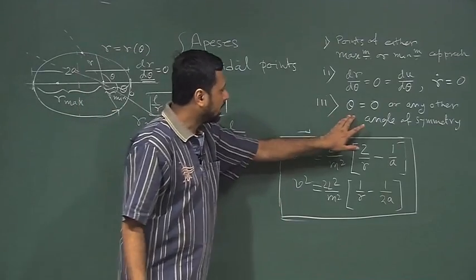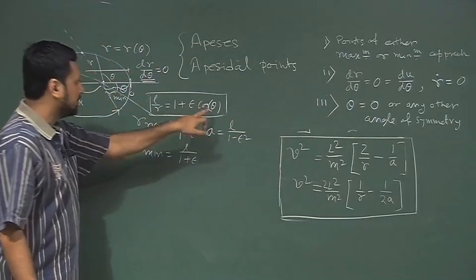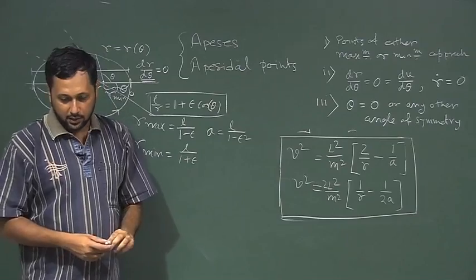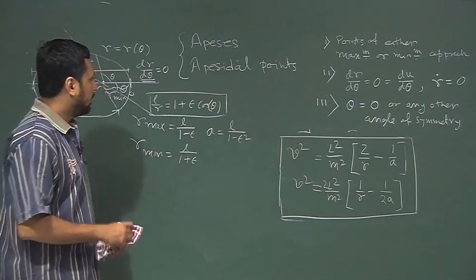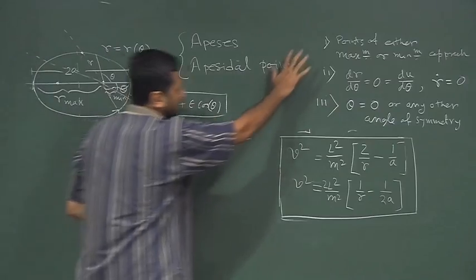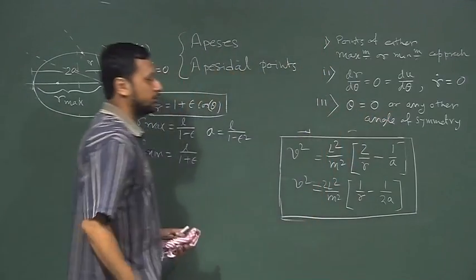The third law, again, it is a choice we make by writing this equation in this particular form. This is not a rule, okay. But by using this relation, we can assume that for the choice we make, theta is equal to 0 for an apsidal point.